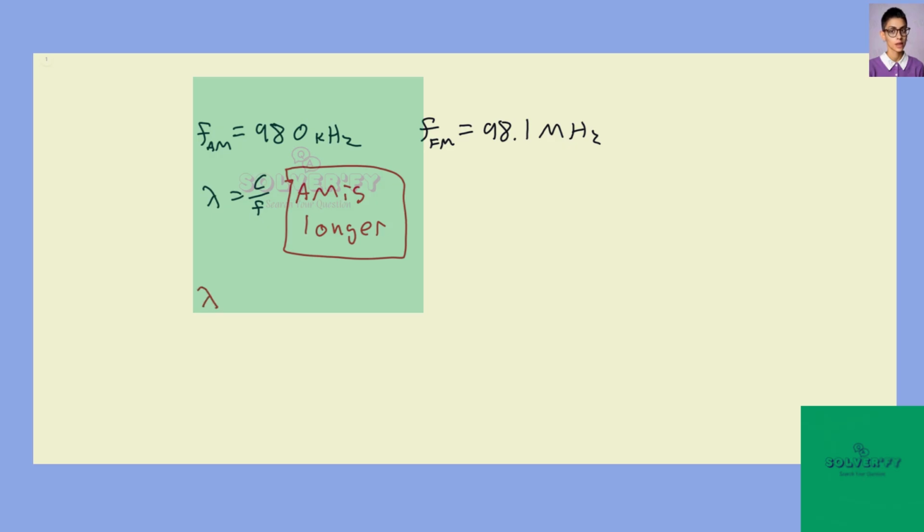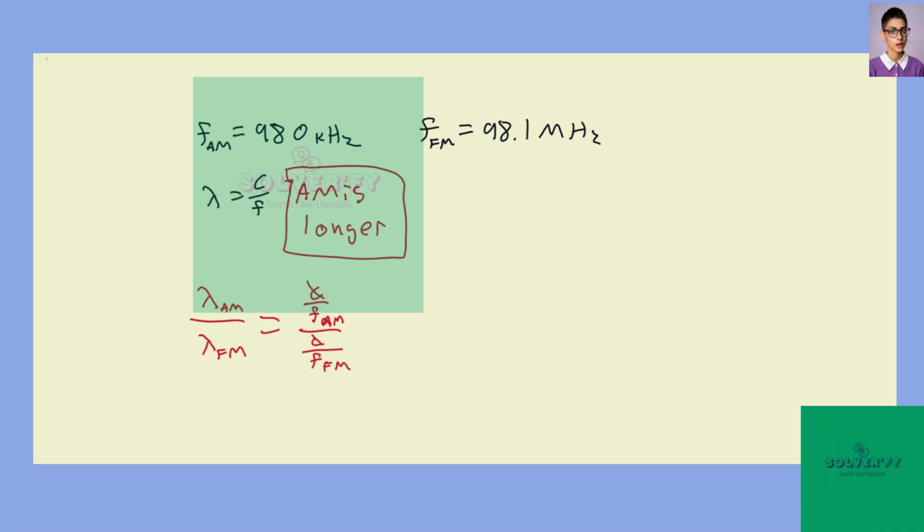a simple ratio. So we want to do the ratio of lambda AM and lambda FM. And you don't actually have to calculate this, because if you see, you have c over f AM divided by c over f FM.